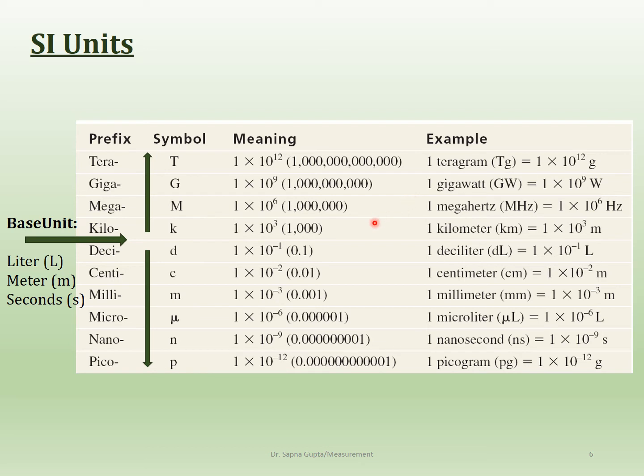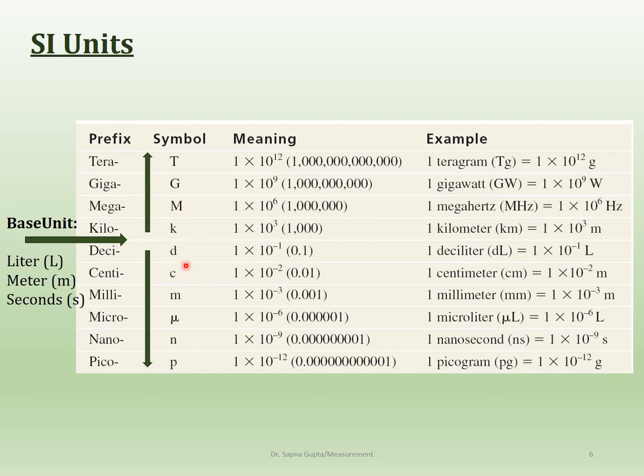We're going to do some conversions later on and you will see how to go from one to the other. Now, one of the things that I need to tell you over here so that it doesn't slip by me is that you have to know these SI units. I don't expect you to remember the non-SI units, but I expect you to remember the SI units. And I need you to remember from mega all the way down to nano.